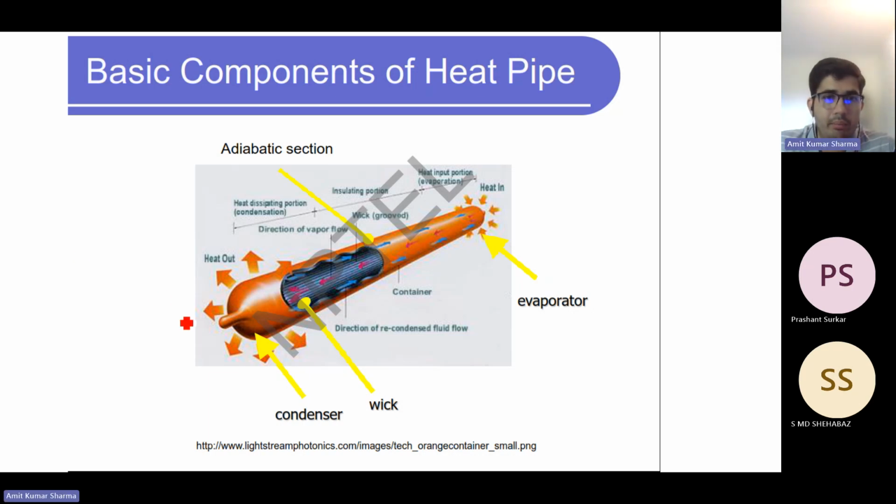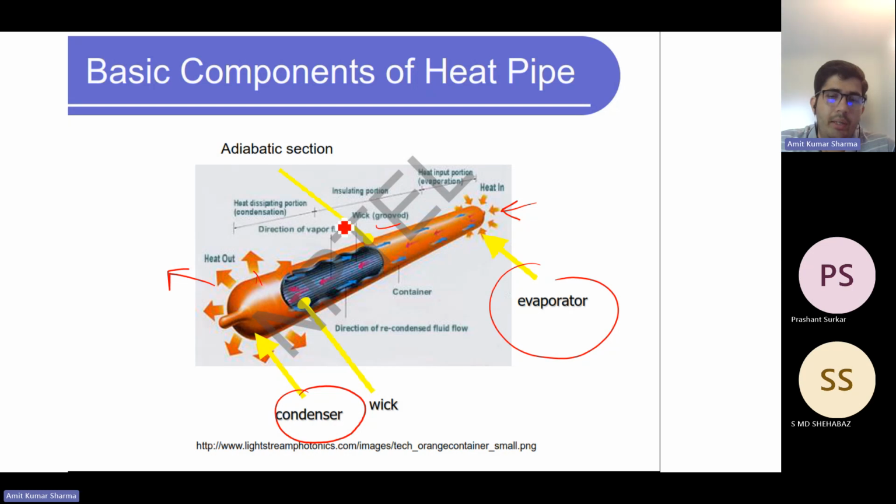So in this diagram, you can see this is the condenser, this is the evaporator. So here is the heat in, there is the heat out, and there is the wick, and the outer part is insulated. So you can see the heat is coming in.